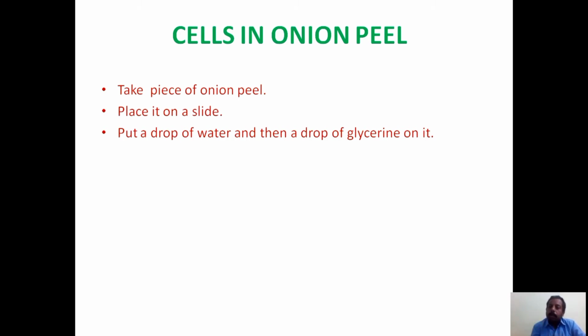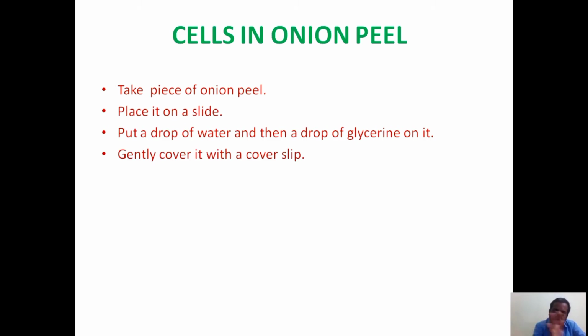You can use a small brush for that. Put one or two drops of water on the peel of onion, and then add a drop of glycerin on it. So first water, then glycerin, then take a small cover slip and place it gently on it.